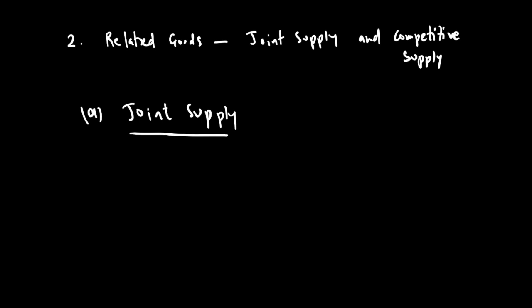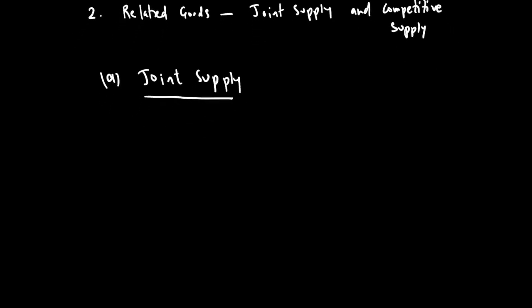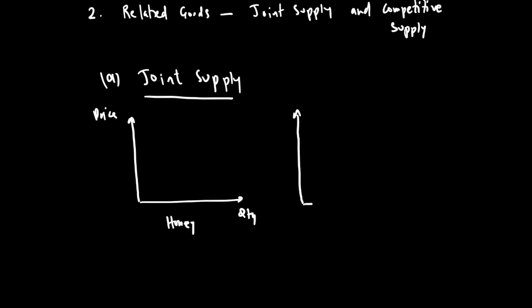Let's see this in terms of a supply diagram. So let's say this is the market for bees honey, and this is the market for beeswax.